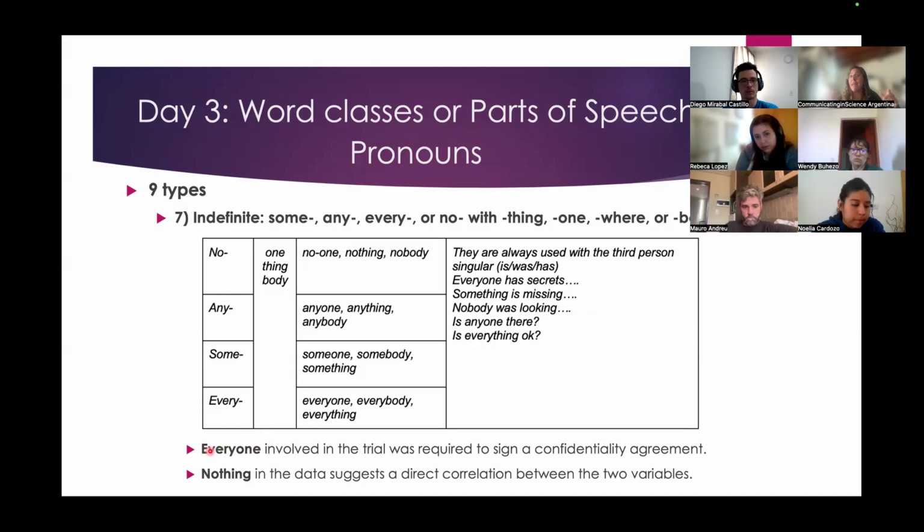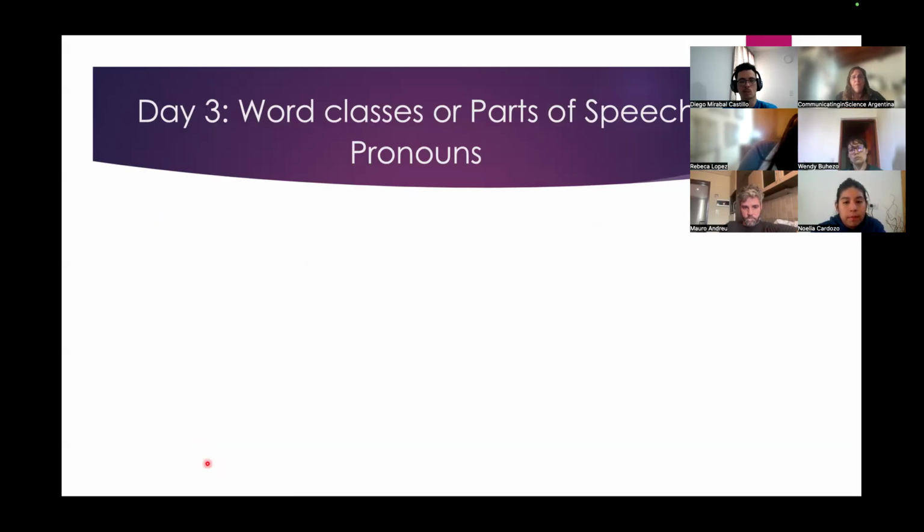Everyone, nothing. It's a noun. It's a thing. Todos. It's an abstract noun, but it is a noun. And they can function as subjects or as objects. They can appear in different parts of the sentence.